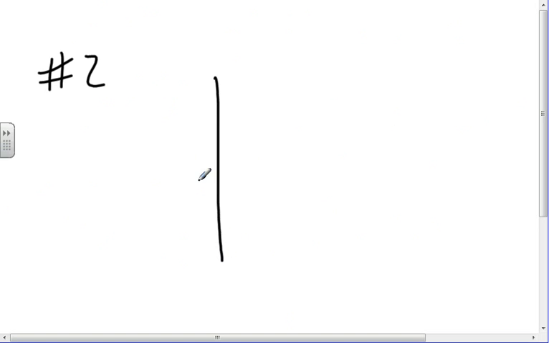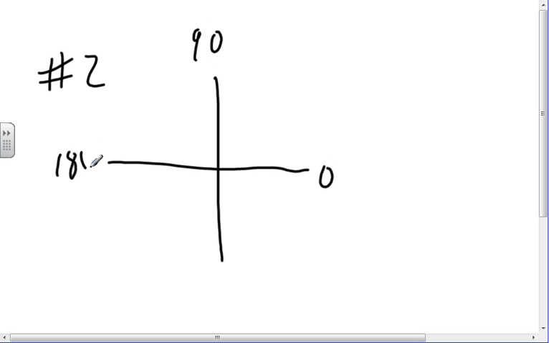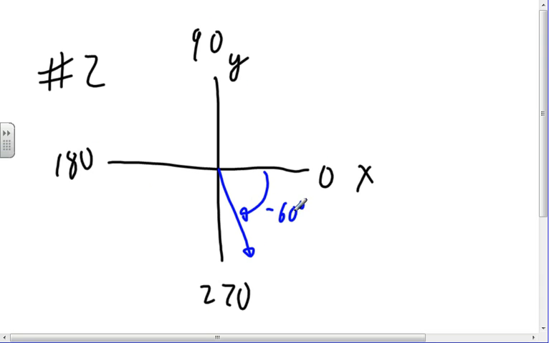All right, standard position means that this is 0, this is 90, this is 180, this is 270, this is the x and this is the y. And if I'm minus 60, then it's that way, minus 60 degrees. Oh, that looks more like minus 65, doesn't it? I should redraw it. No? All right, that's fine.